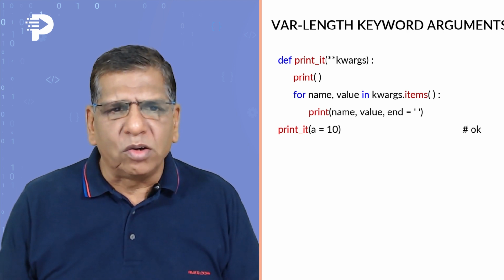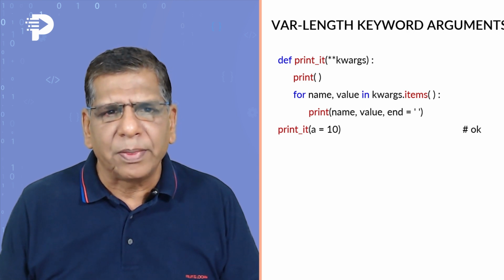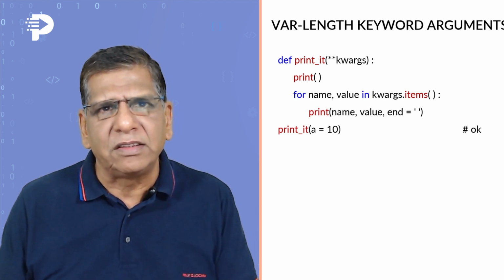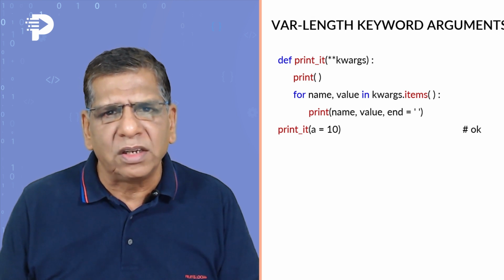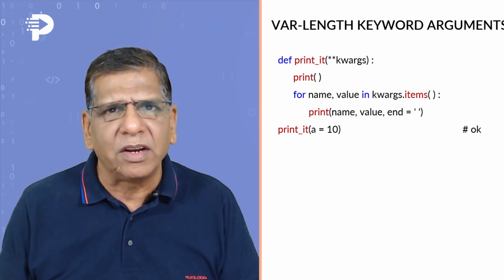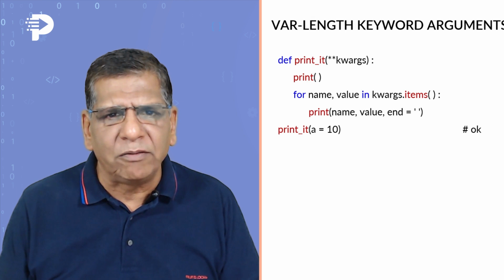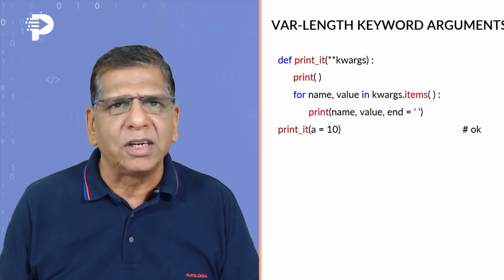If I make a call to this printIt function by saying a=10, that's perfect. A and 10 would be treated as key and value. They will get stored in kwargs dictionary, and then kwargs.items will let me have access to name and the value. When I print out, name will be printed out as A, value will be printed out as 10.